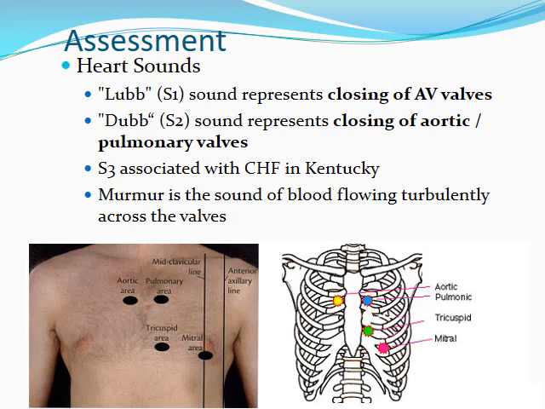Then you're sliding over to S1, the AV valves, and then up to S2. So in this picture, the pink is your PMI, the green is S1, and S2 is the yellow in this picture.